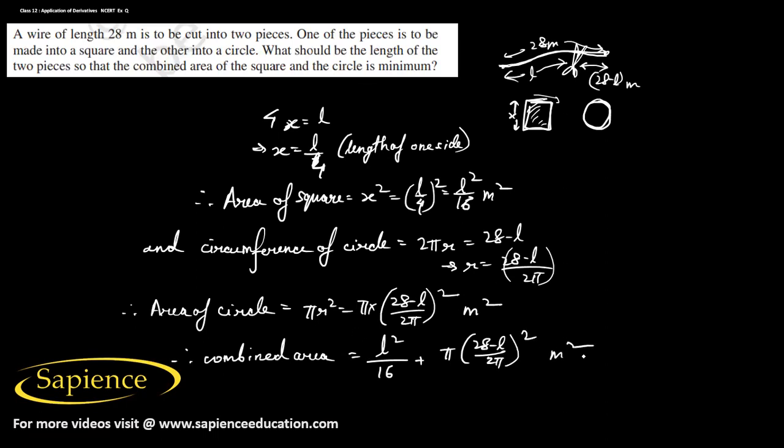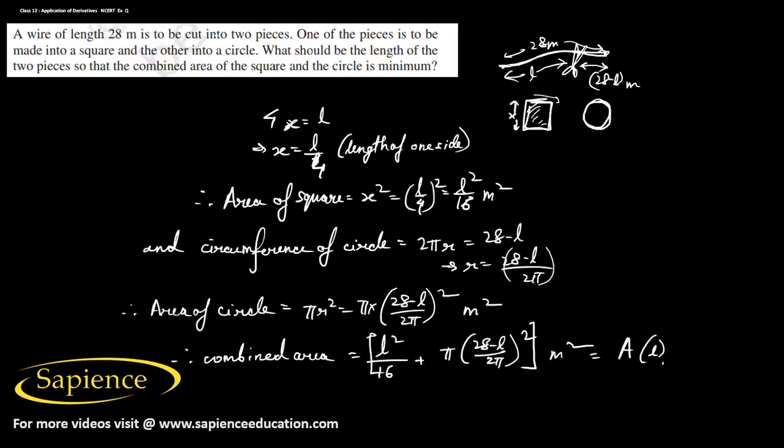Let us take this combined area as A of L, so it is a function of L. It means that the combined area should be minimum. So now the function A of L is equal to L square by 16 plus pi into 28 minus L by 2 pi whole square.